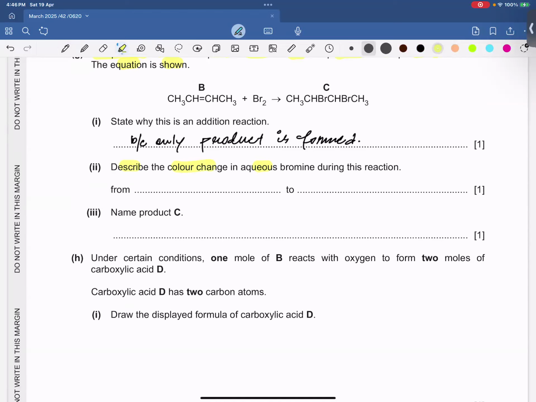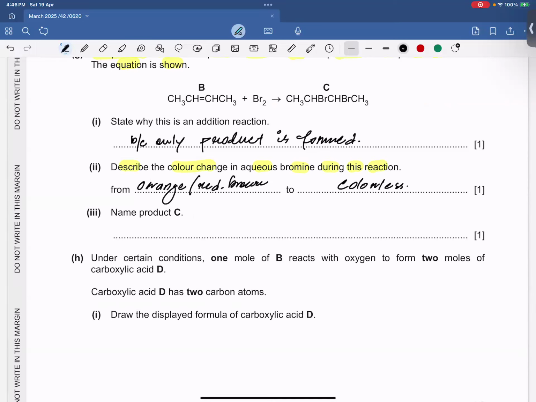Describe the color change in aqueous bromine during this reaction: from orange or red-brown to colorless.